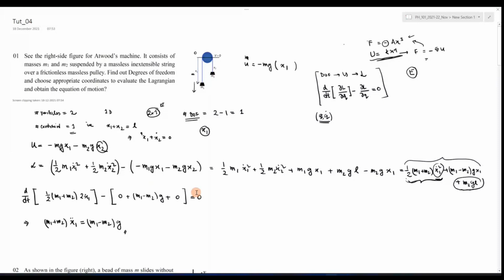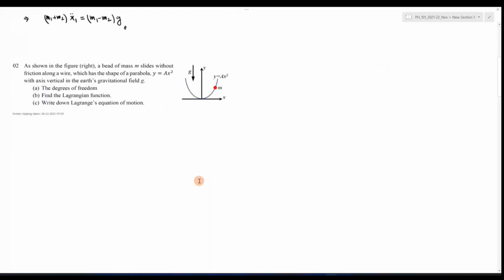Again, for the second problem, we have to find the degrees of freedom. Can you tell me how many particles are there? Only one particle. Now, is it a 1D problem or a 2D problem? 2D problem.